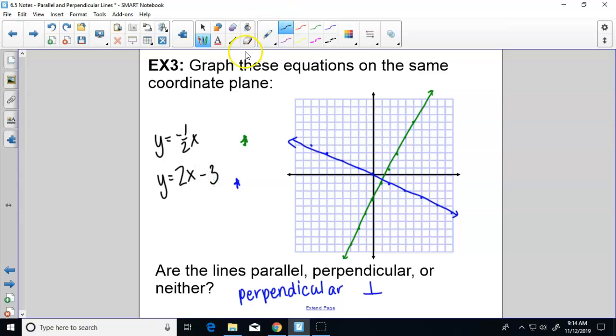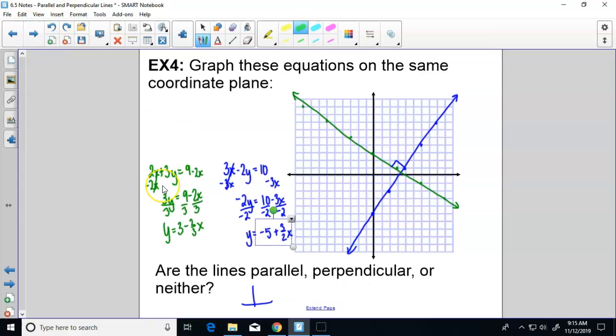Okay? So here, slope is -1/2. Here, slope is 2. These were perpendicular. I had a slope of -2/3 and +3/2.